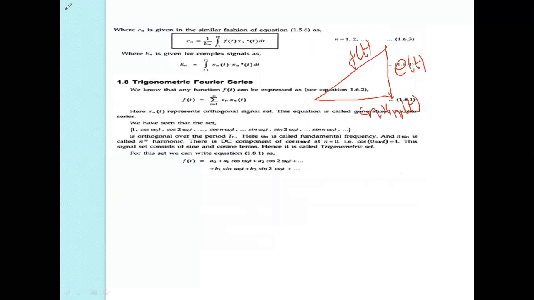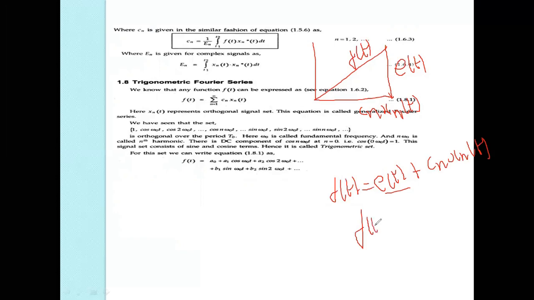The hypotenuse side is equal to the sum of the other sides. What is f of t? f of t is equal to e of t plus cn into xn of t. Okay. So the error energy is 0. To find the trigonometric Fourier series, these two are perpendicular to each other. There is no error.